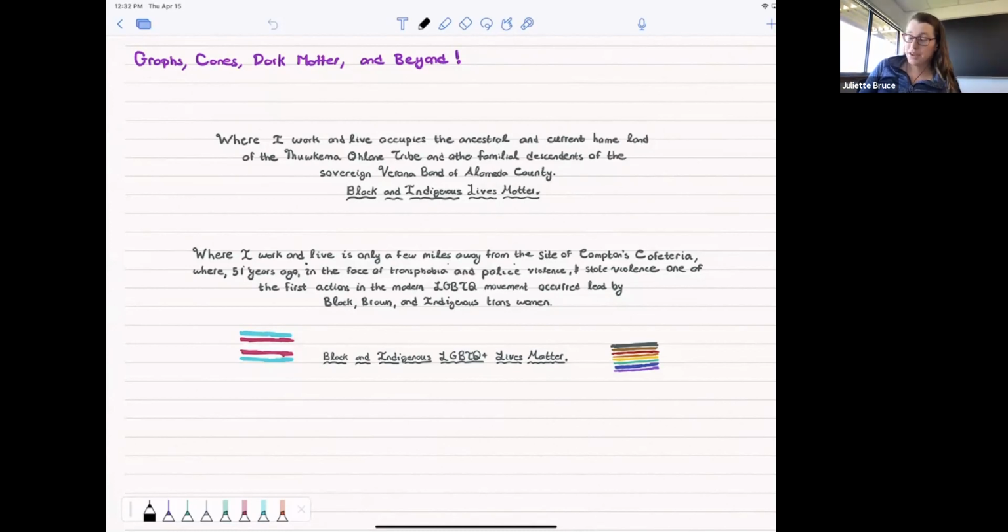But before I get to the math, there are a few acknowledgements that are important for me to make. Where I work and live occupies the ancestral and current homeland of the Mokemo Ohlone tribe and other familial descendants of the sovereign Verona Band of Alameda County. Black and Indigenous lives matter. Further, where I work and live is only a few miles away from the site of Compton's cafeteria, where 51 years ago, in the face of transphobia, police violence, and state violence, one of the first actions in the modern LGBTQ rights movement occurred, led by Black, Brown, and Indigenous trans women.